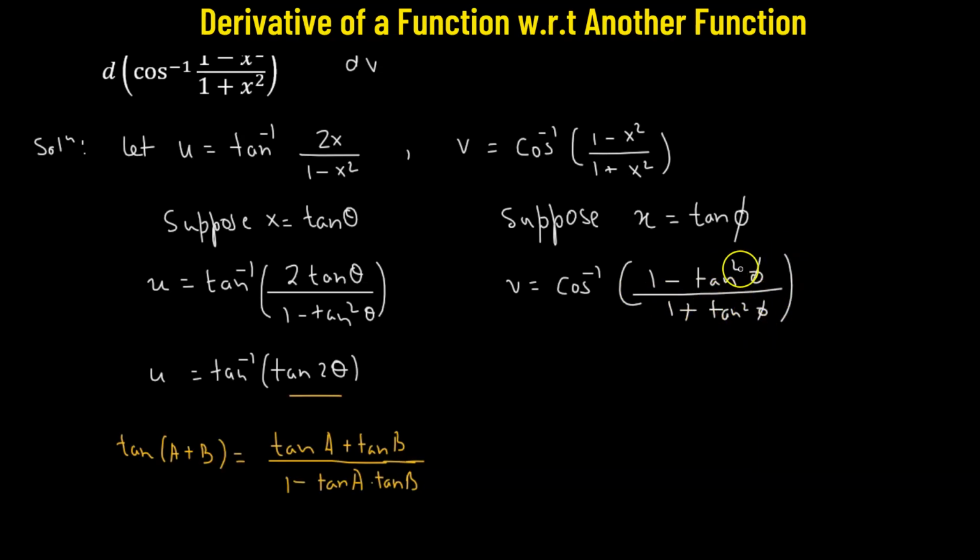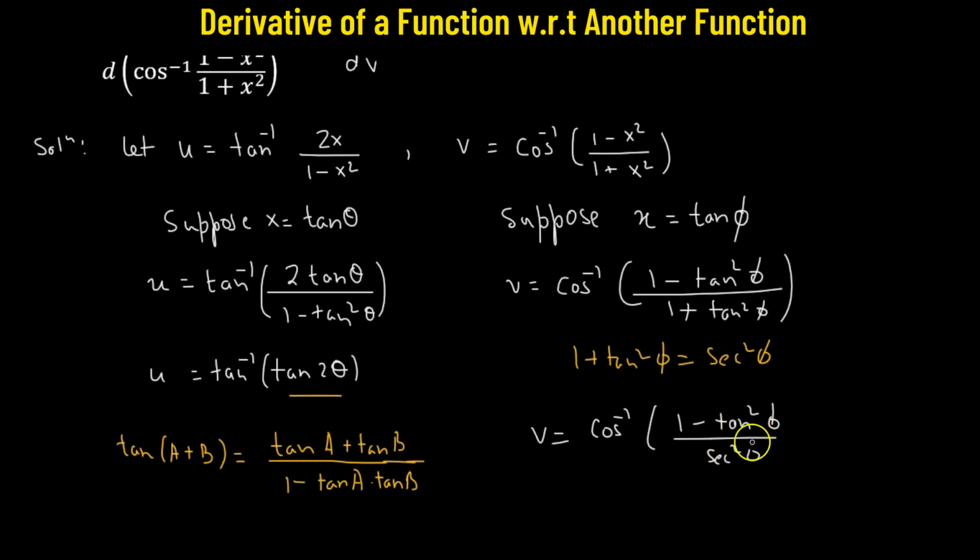Now 1 plus tangent squared phi, that's an identity. So let me state that identity. 1 plus tangent squared phi is given by secant squared phi, which will make v equal to cosine inverse of 1 minus tangent squared phi divided by secant squared phi.